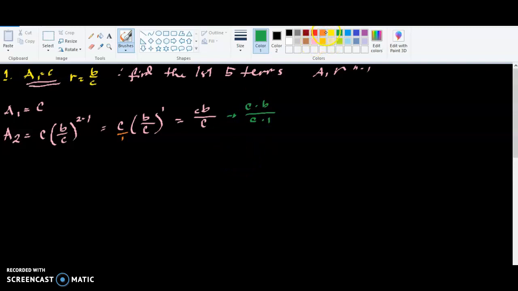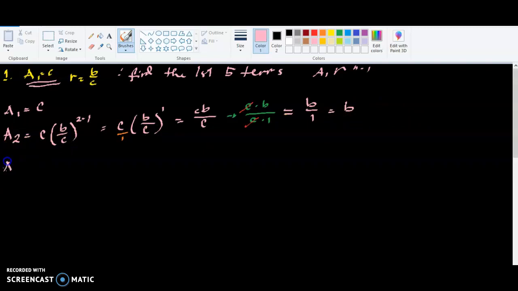Okay. So, we can now cancel C here and C here. So, we're down with B over 1. And B, or any number divided by 1, is equal to the number itself. So, B divided by 1 is equal to B. So, that is our second term.